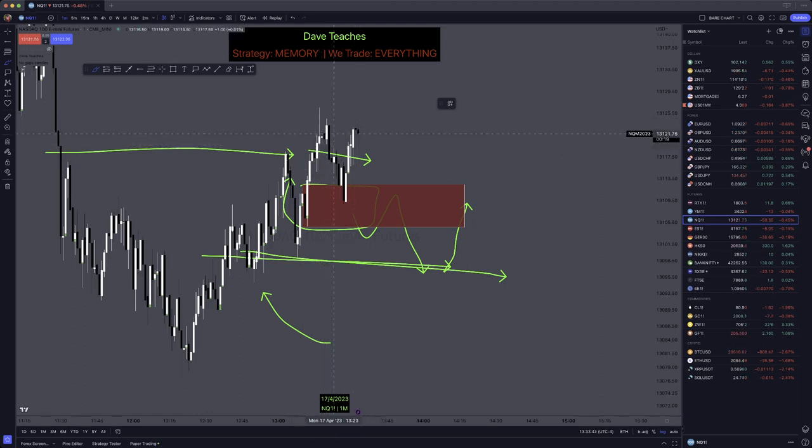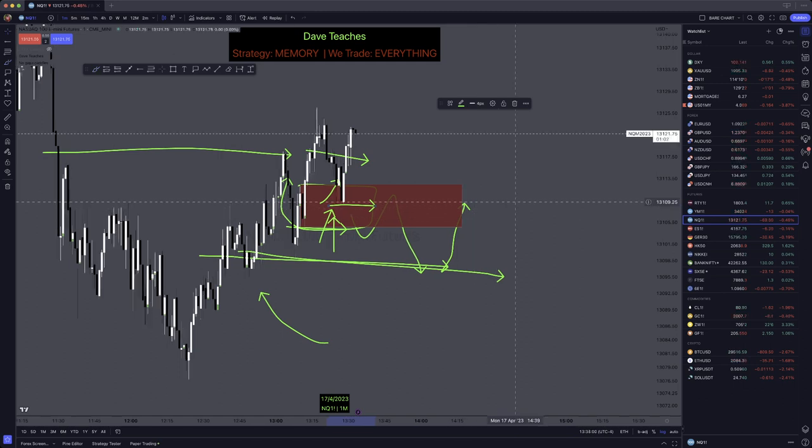Usually the zone that you're looking to get in on is the wick that pushes you out of there. Immediately, once it taps into the zone and the wick forms, your stop immediately goes right behind the wick. You were able to cut back 50% of your risk immediately because that happened.